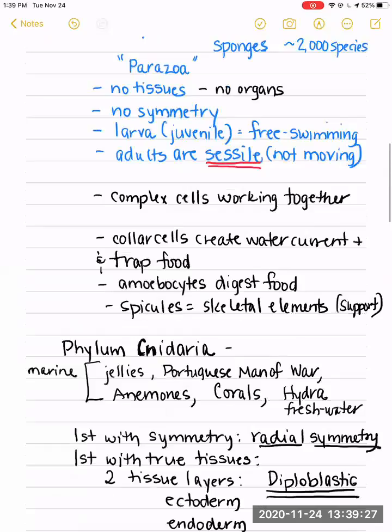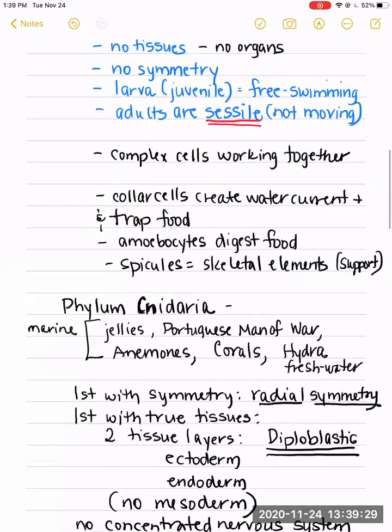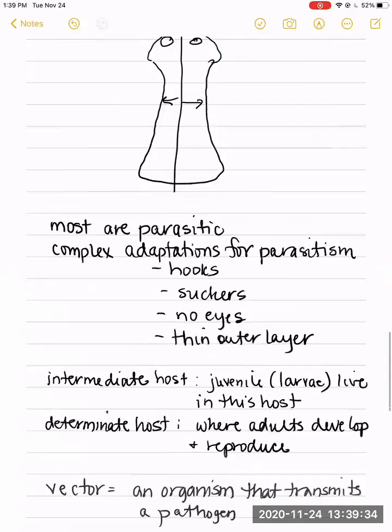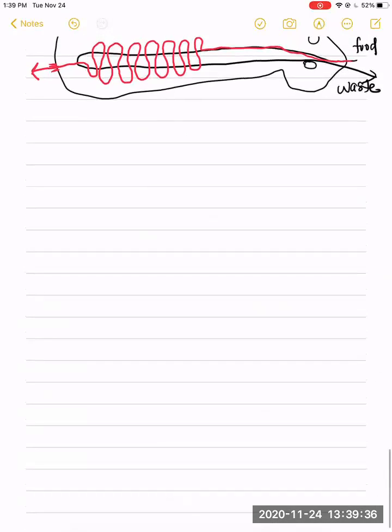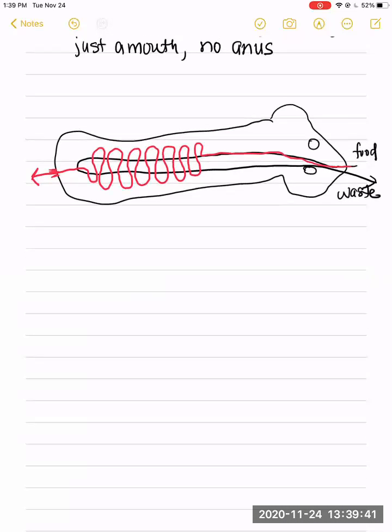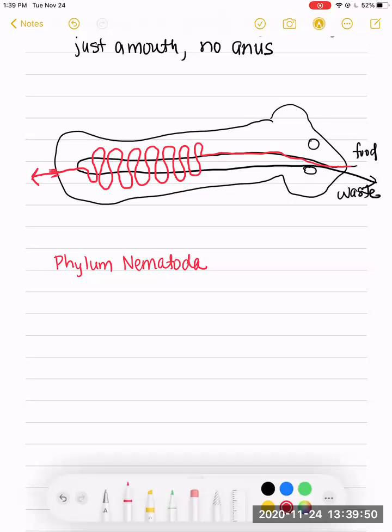Okay, so we've had phylum Porifera, phylum Cnidaria, phylum Platyhelminthes, and now our fourth phylum, phylum Nematoda. These are the roundworms.